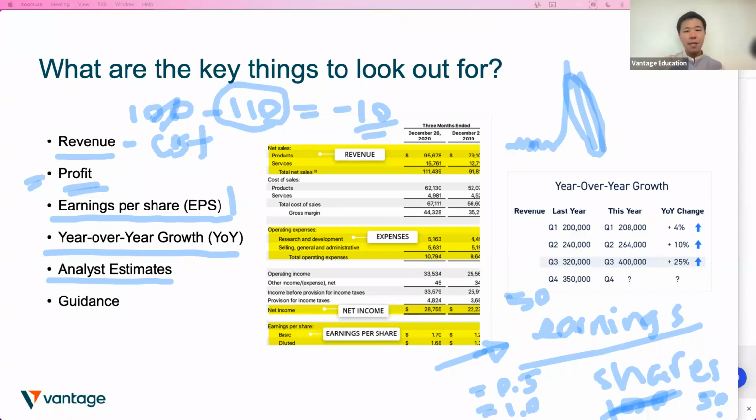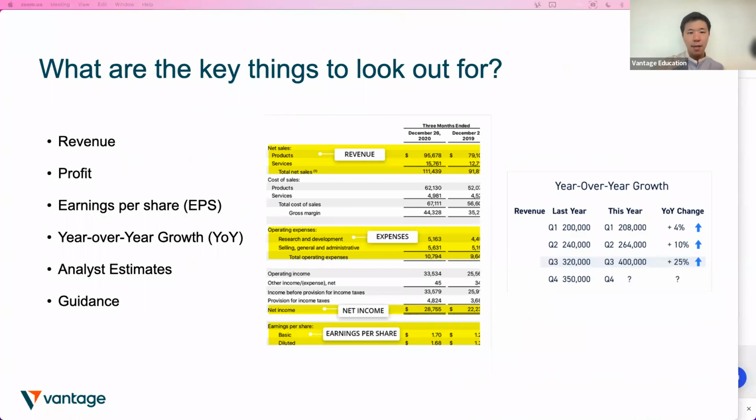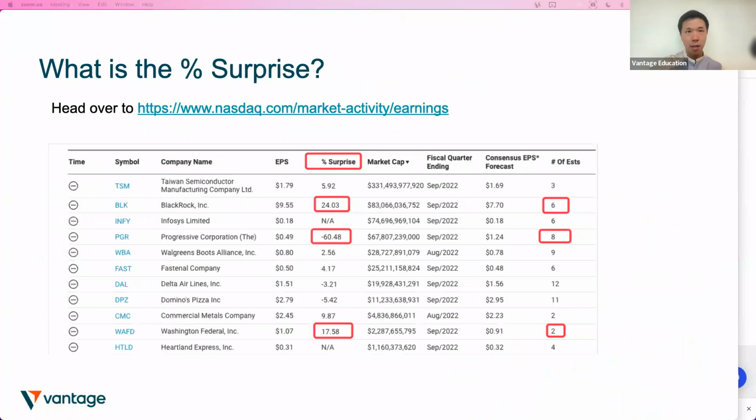Now let's start going into some of the other slides. So what is a percentage surprise? I've explained quite a bit about the earnings report to you, kind of how to read it a little bit here and there.